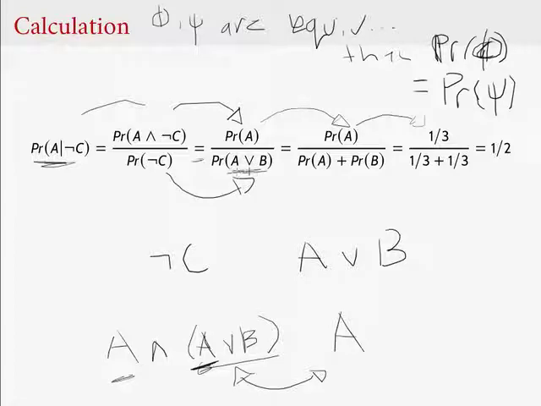So because A and B are mutually exclusive, we calculate the probability of their disjunction by summing up the probability of the disjuncts, and that was another of the rules given on Monday. That was the rule which said when you have a disjunction with mutually exclusive disjuncts, the probability of that disjunction is equal to the sum of the disjuncts. So that is how we arrive at this third step.